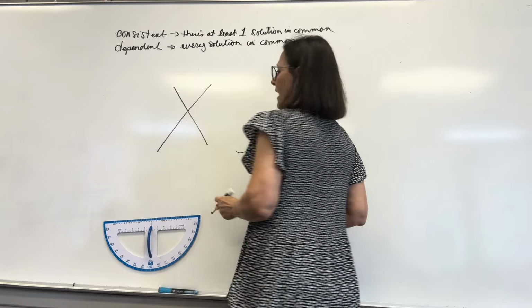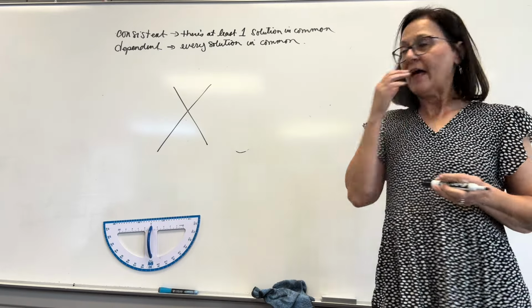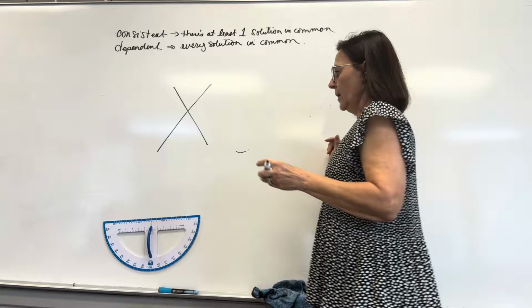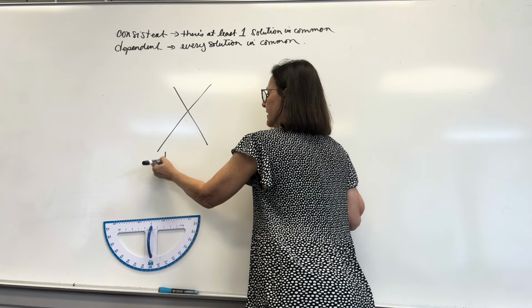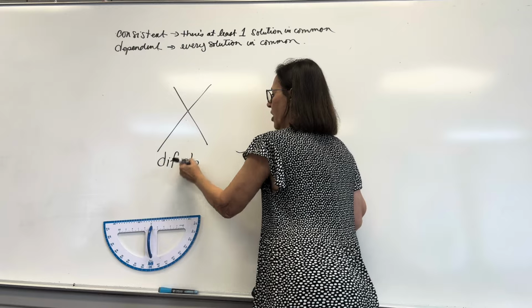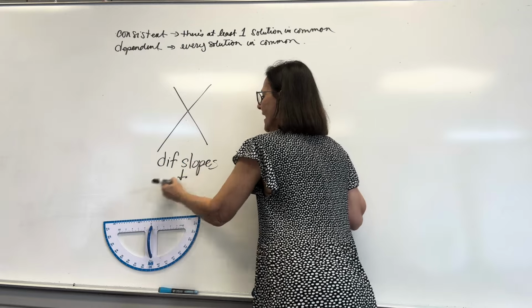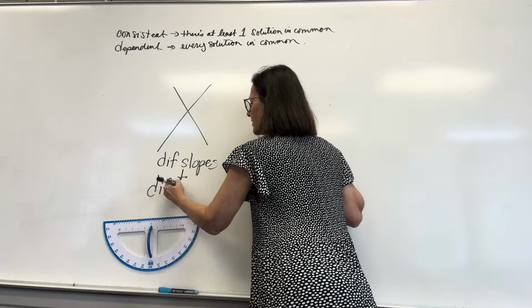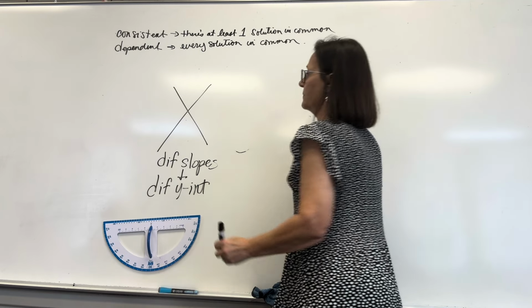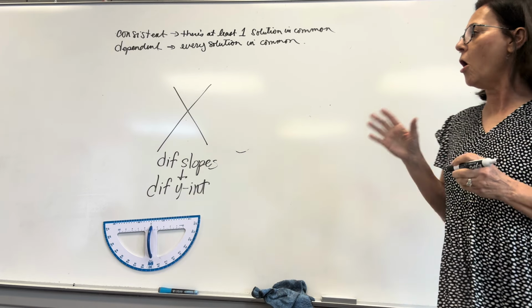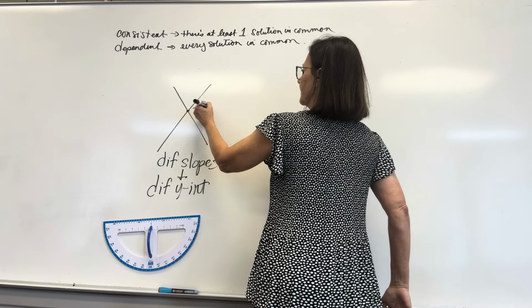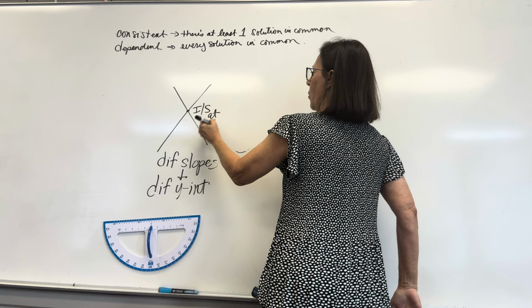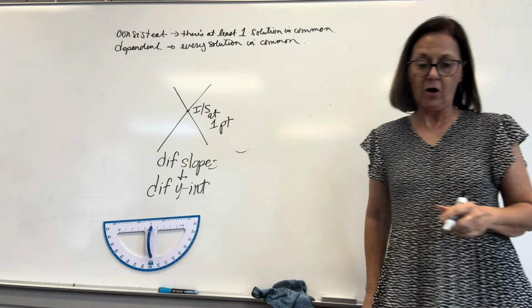All right, so if I have lines that intersect like this, what do we know? We know they have different slopes and different y-intercepts. And what would we call these equations that intersect at just one point?